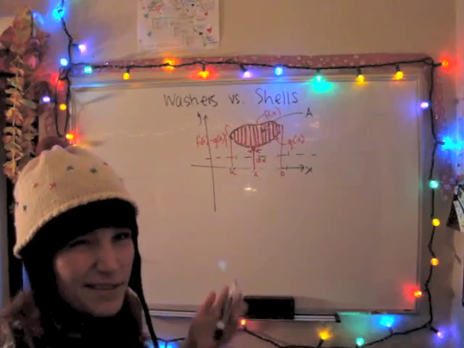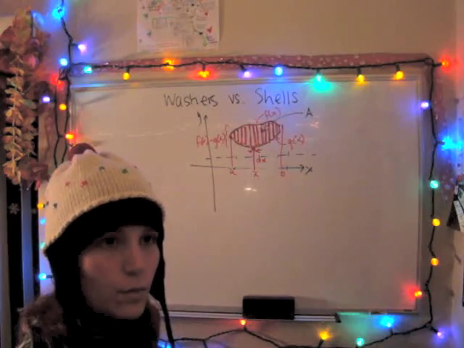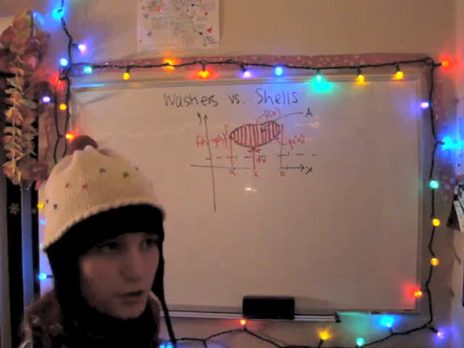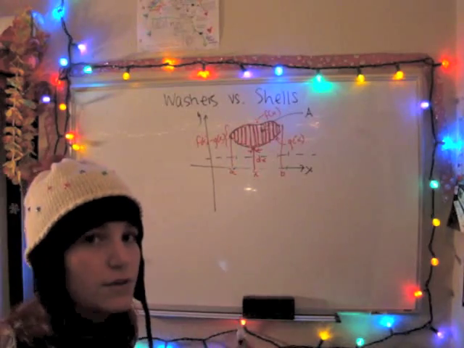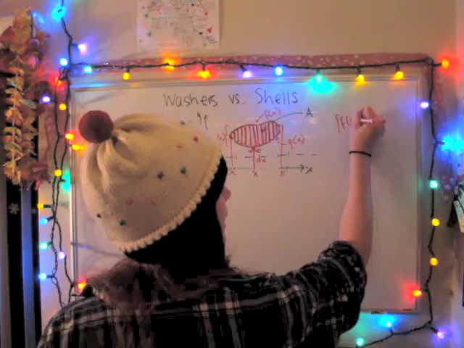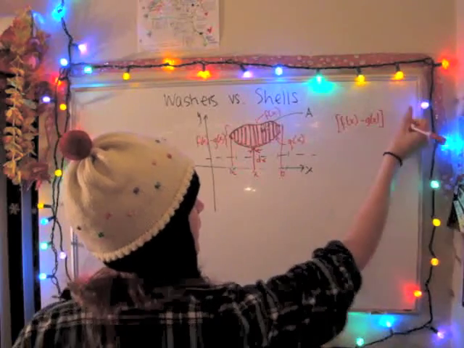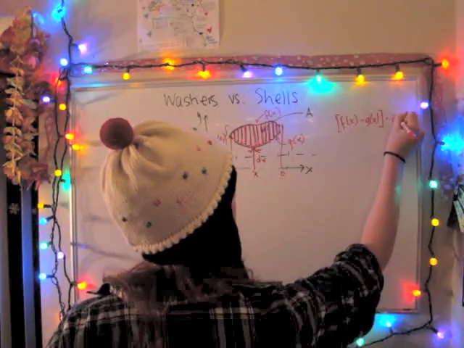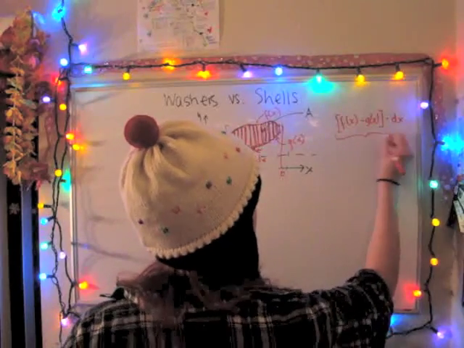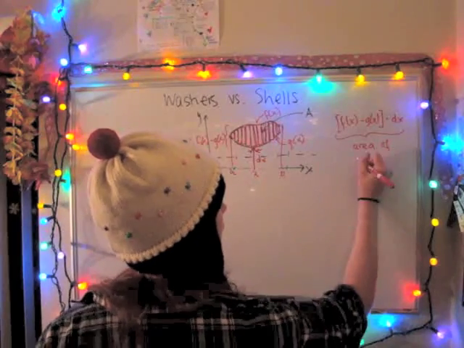And actually, that's the same for every rectangle inside this area, right? So what you're doing is you're looking at a bunch of rectangles, all at different values of x, and they have height equal to f of x minus g of x, and they have width dx. So this expression is the area of one rectangle.